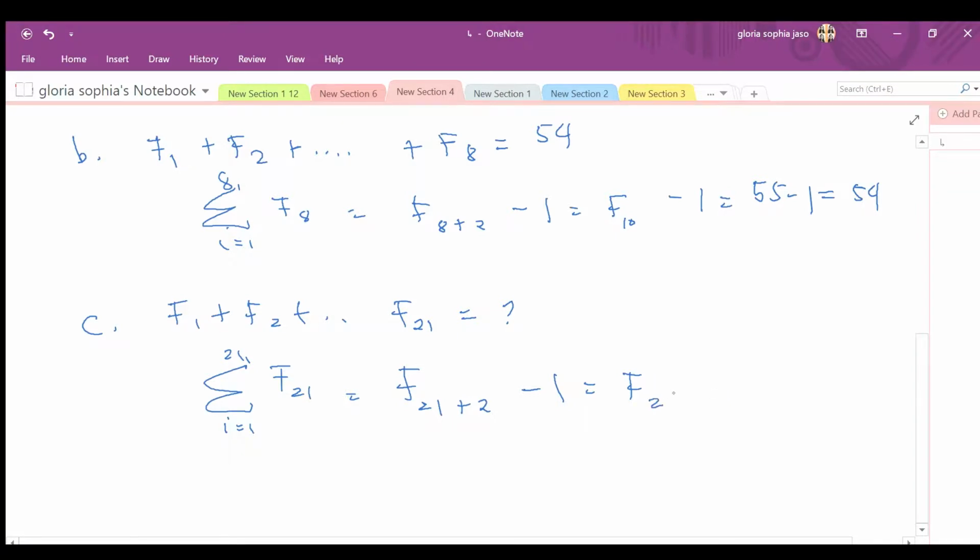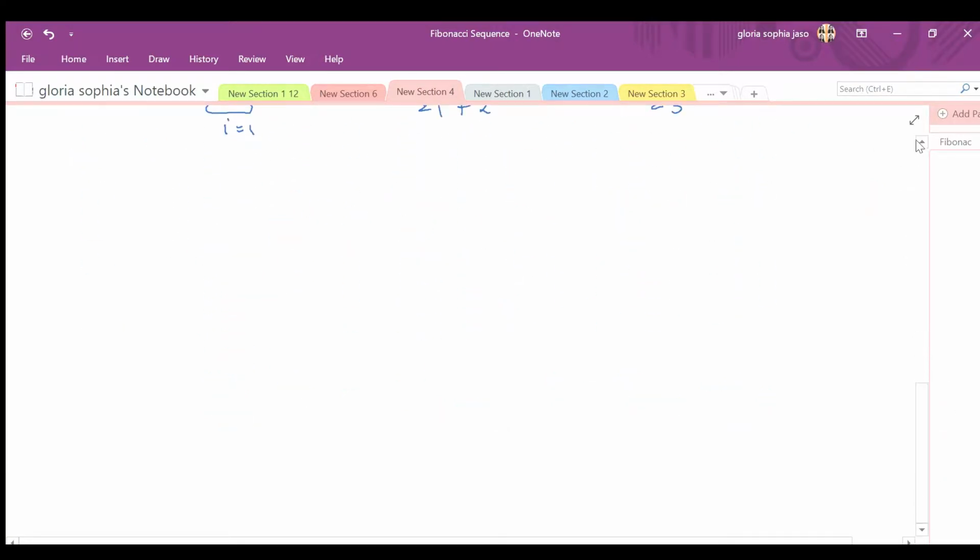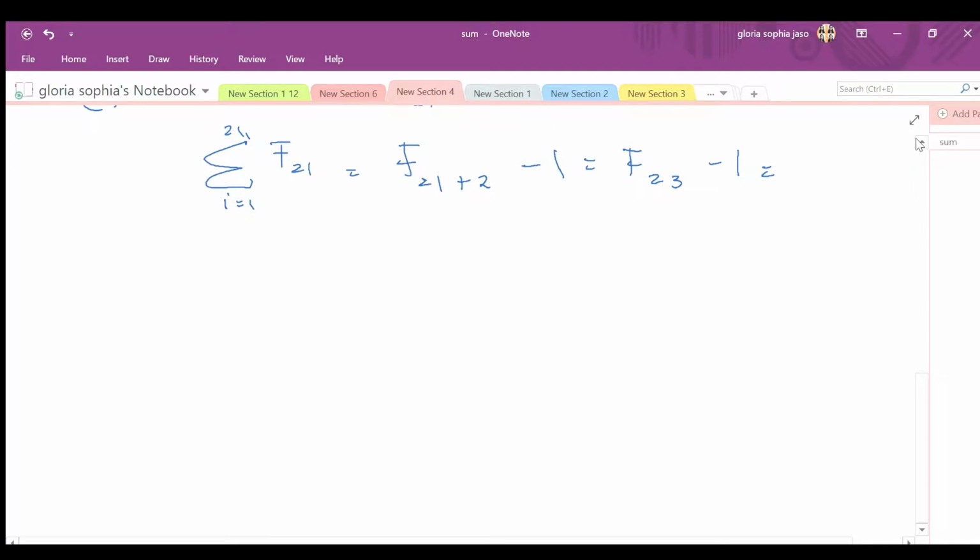That's f sub 23 minus 1. So in this case, class, we don't have the 23rd term. So we will use the formula for the n-th term.